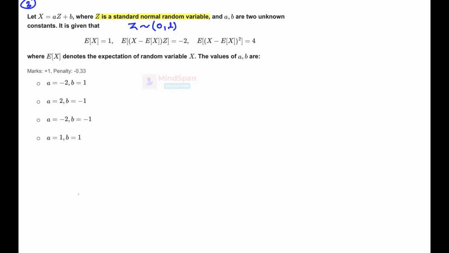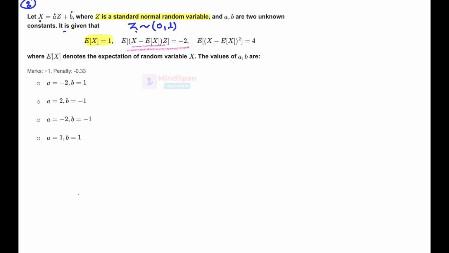And a and b are unknown, and this x is a random variable that is a linear function of this z, right? And here a and b are unknown to us, and we have been given some more info: the expectation of this random variable x is 1, and the expectation of this other quantity is 2.